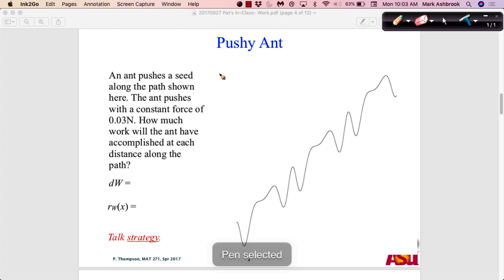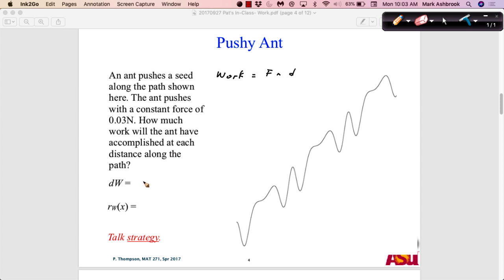It's work is still force times distance. So in that scenario, what is the force and what is the distance, say for a little teeny part of the path? Yeah, Sarah. It'd be force times ds.